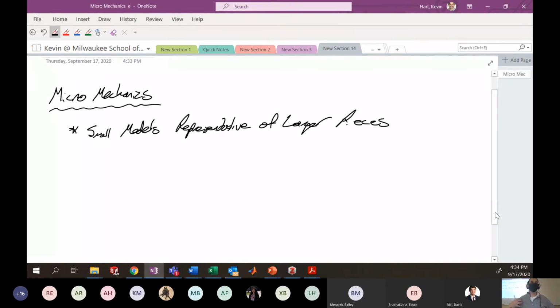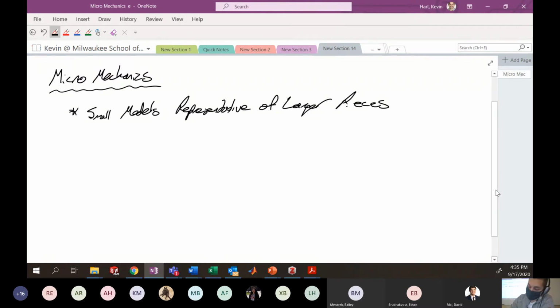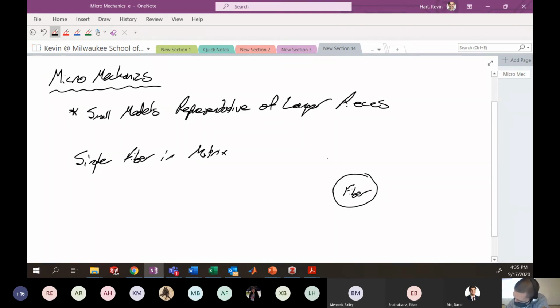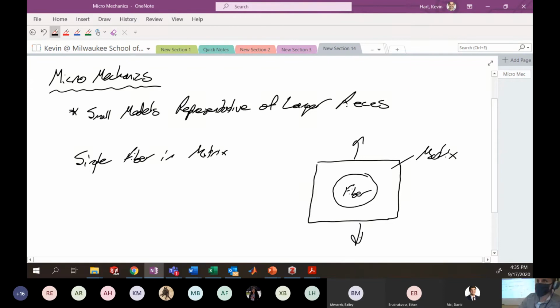So the very first model that we're going to talk about, and the most basic model, is what you would just think of as a single fiber in matrix. The model that you might want to think about in your head is here's your fiber, and here's your matrix. If I pull on that in this direction, into and out of the plane, how does this one little interactive piece respond?